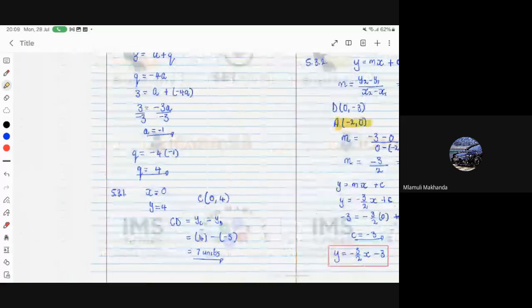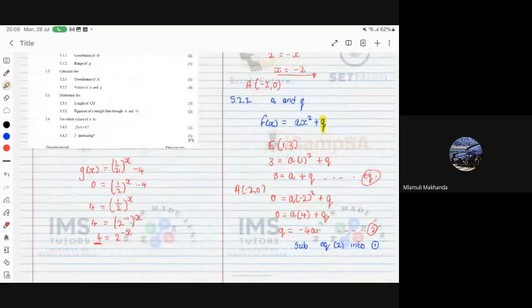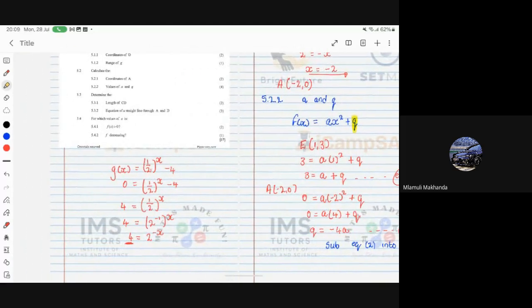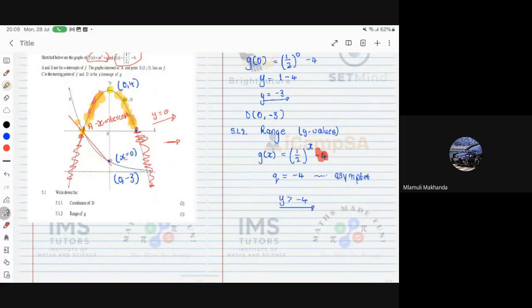They are basically going to be the same as the coordinates of A, because these are both the intercepts, just with a different sign.